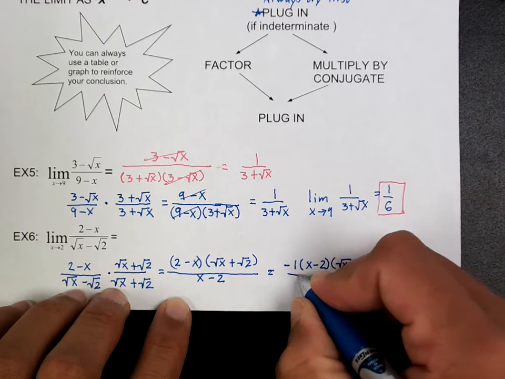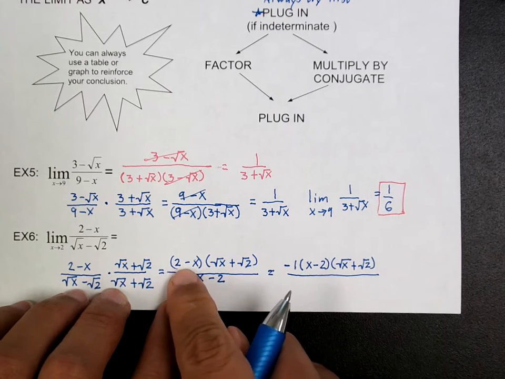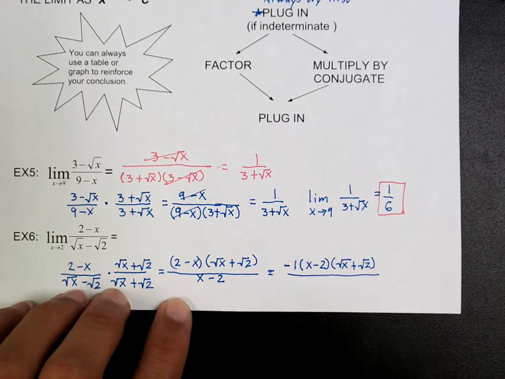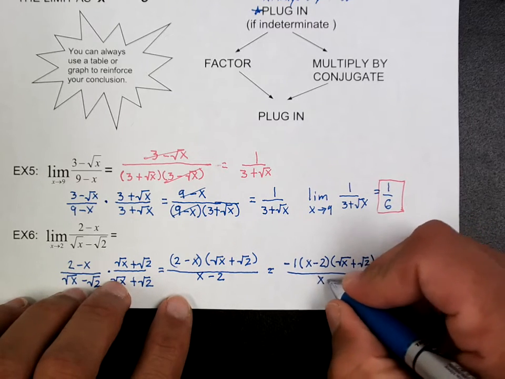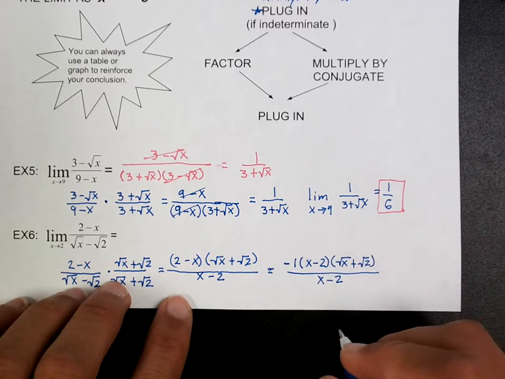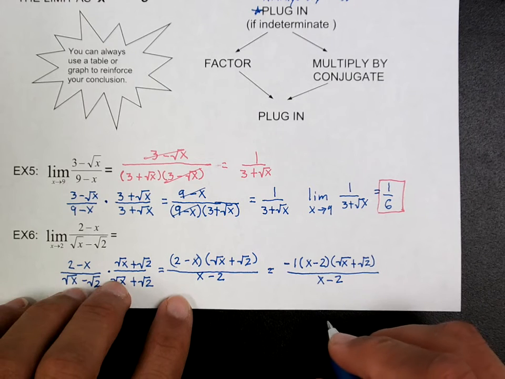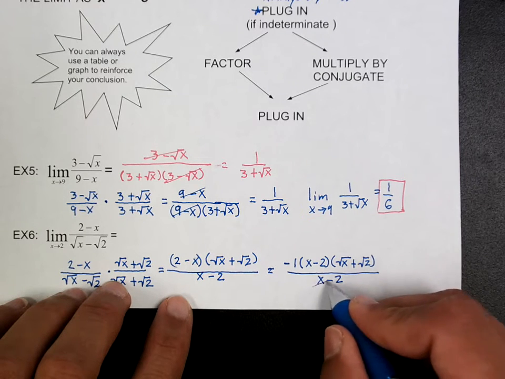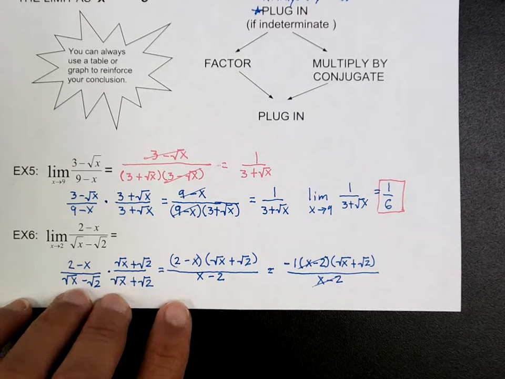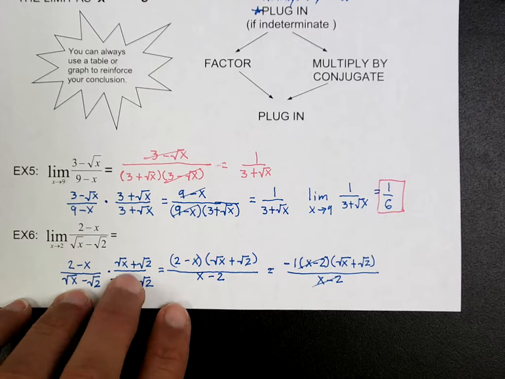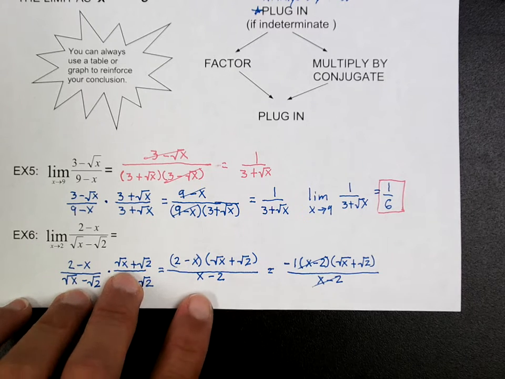So remember, when I factor a negative, I'm actually just factoring a negative out of this one, not out of both. And if you don't understand that, I can explain that to you later. Okay, so then I have x minus 2 here. Okay, so then that is going to cancel right there. Let me make sure we got everything correct here. Okay, looks like we're okay.